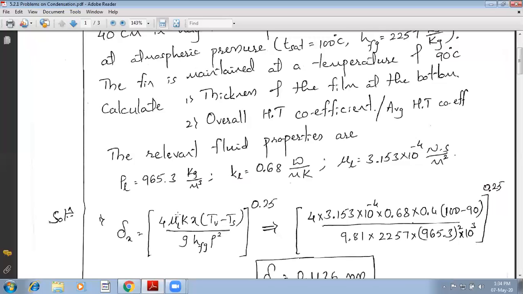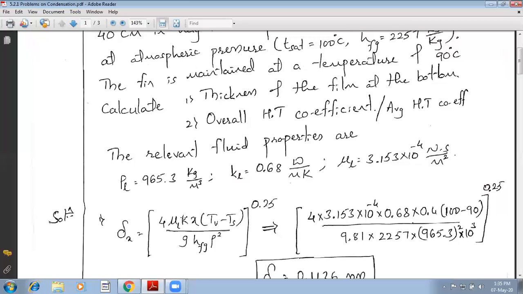In this formula, mu suffix L is nothing but dynamic viscosity. K is thermal conductivity. X is distance along the surface, measured in meters. Tv is vapor temperature.